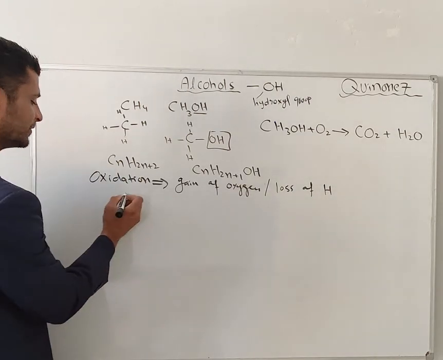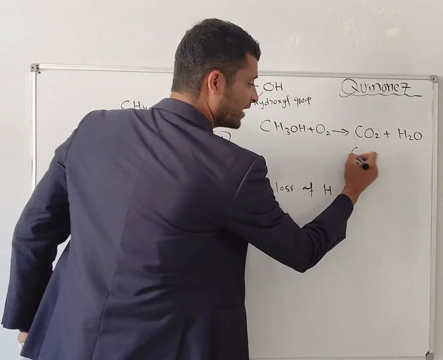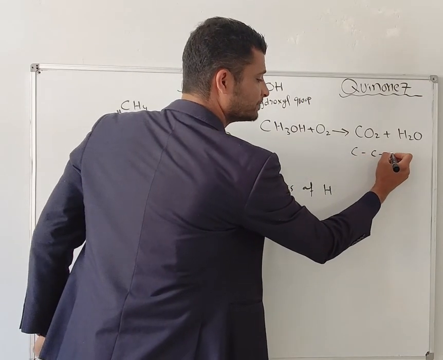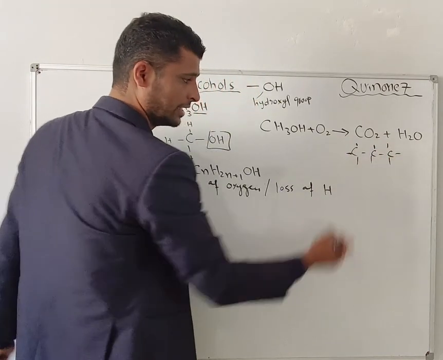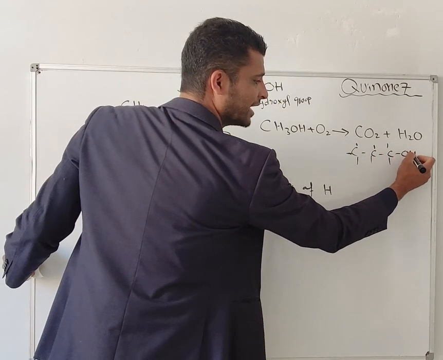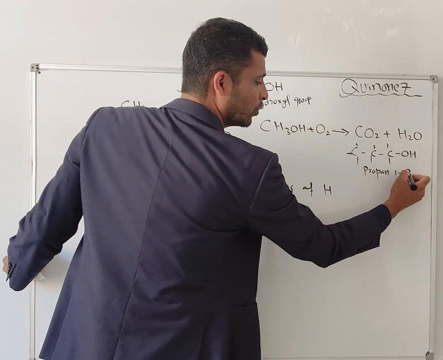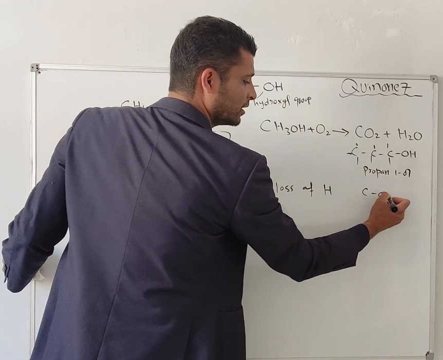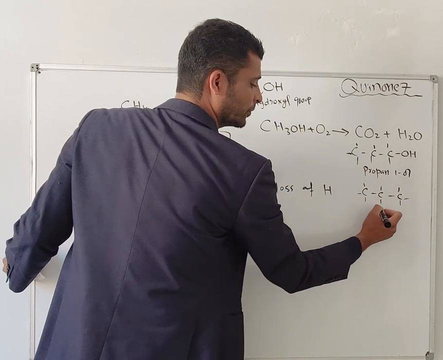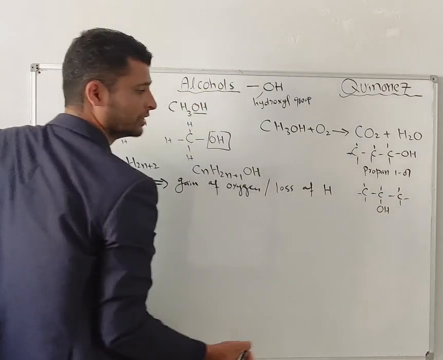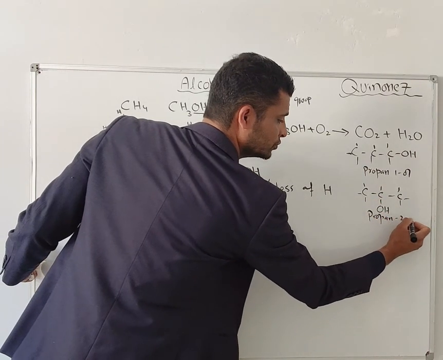So when you do oxidation of alcohol, there are 3 types of alcohols, and you need to learn that as well. For example, if you have propane and you put OH there, it is propan-1-ol. And if I put the hydroxyl group at the number 2 position, it will be propan-2-ol.